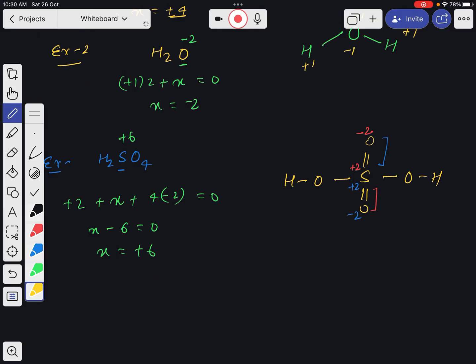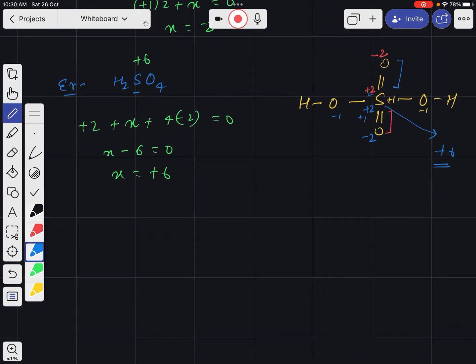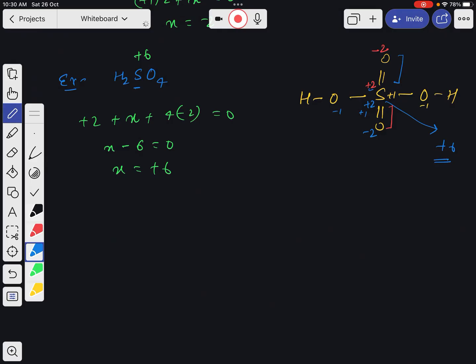And for this right side, sulfur and oxygen, there is a single bond, so sulfur gets plus 1 and oxygen gets minus 1. And for this left side, oxygen and sulfur, this gets minus 1, this gets plus 1. So the total charge on sulfur is plus 2, plus 2, plus 4, plus 5 and plus 6. So the oxidation number of sulfur is plus 6. In this way you can find the oxidation number in covalent bond.